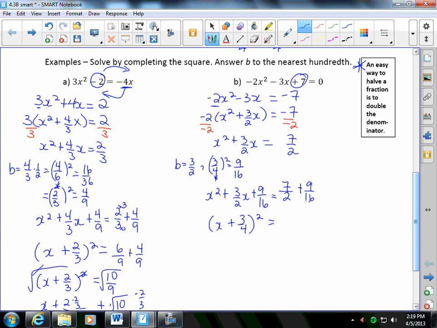To get 7 over 2 to become a denominator of 16, I multiply by 8. So this is 56 over 16 plus 9 over 16.